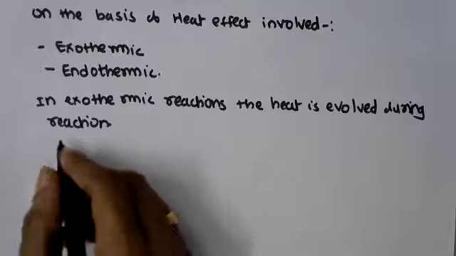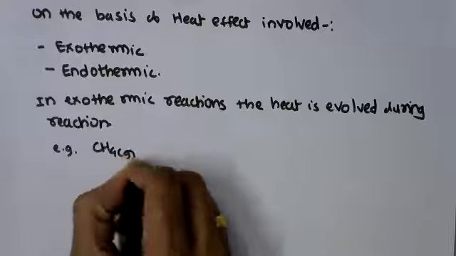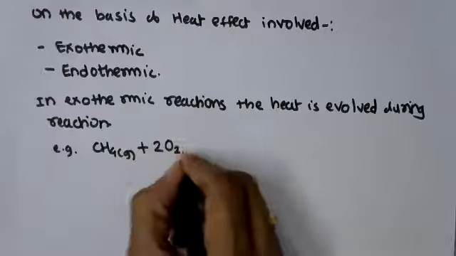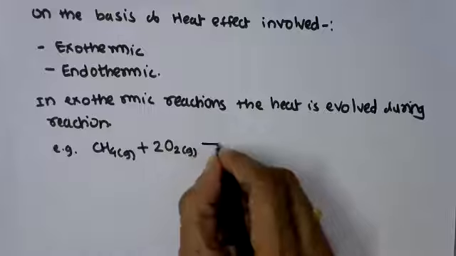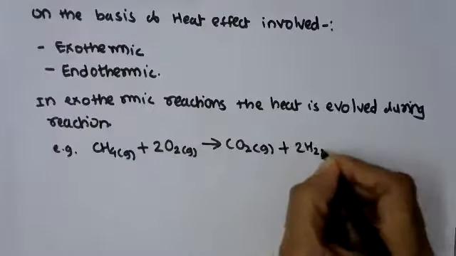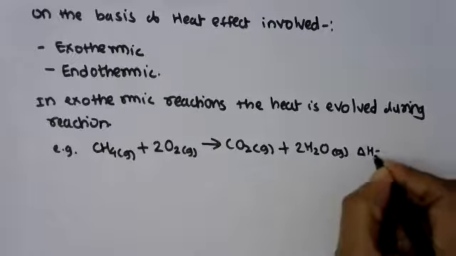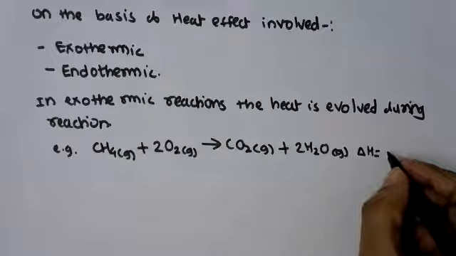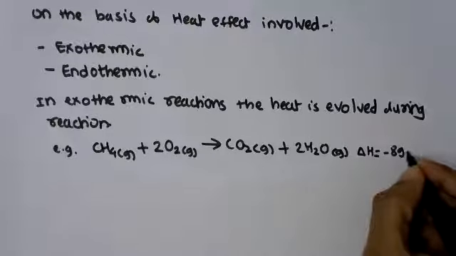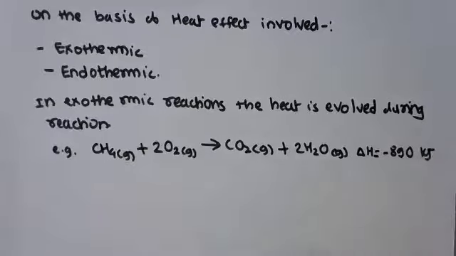For example, the reaction which involves the oxidation, that is combustion of methane, the products of complete combustion are always carbon dioxide and water, and the heat evolved is equal to minus 890 kilojoule.